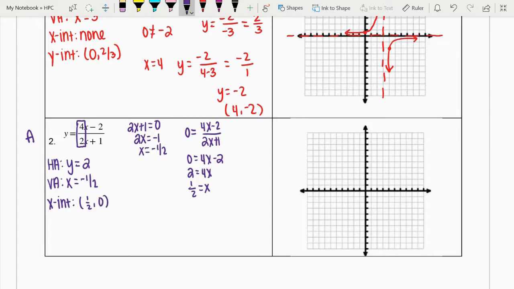And then to find our y-intercept, we make x be 0. So I have y is equal to 4 times 0, which is just 0, so negative 2 over positive 1, which is equal to negative 2. So my y-intercept is going to be 0, negative 2. Let's go ahead and plot that. My horizontal asymptote is y equals 2.